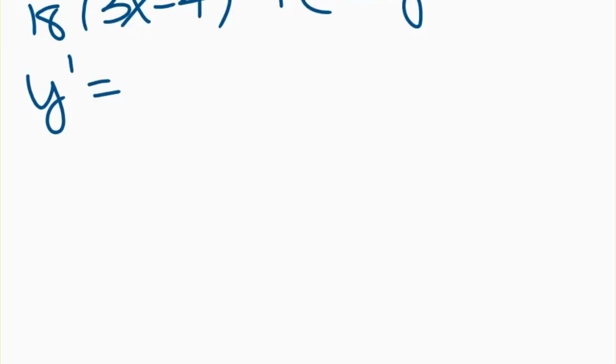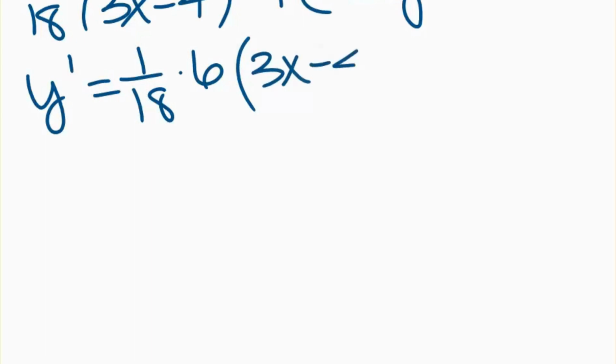Okay, so we're going to use the chain rule. We start by multiplying that 6 down in front, so 1/18 times 6. Keep our inside the same, 3x minus 4. We reduce our power, so that's to the 5th power. Times the derivative of the inside. The derivative of the inside is 3.